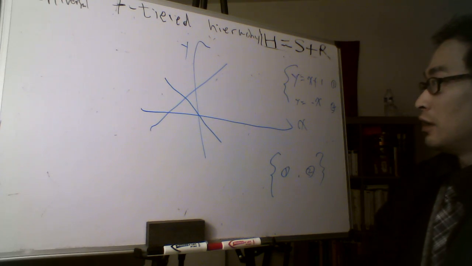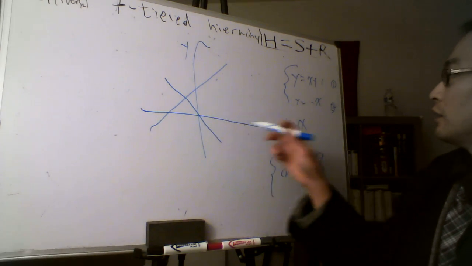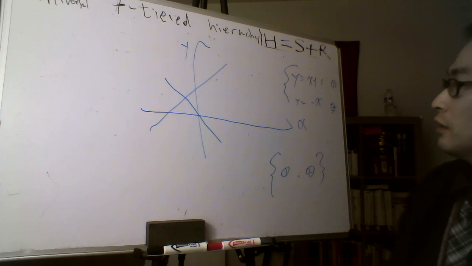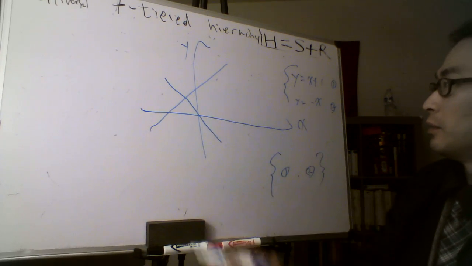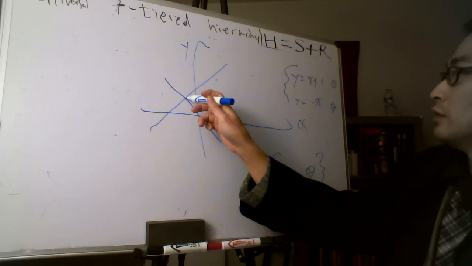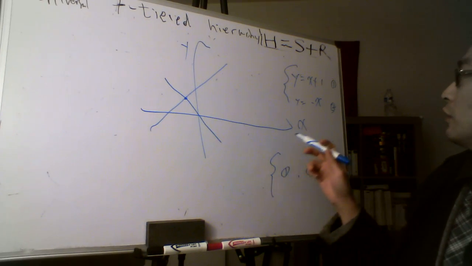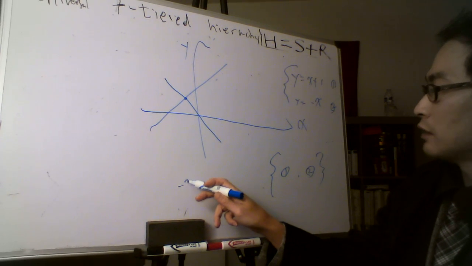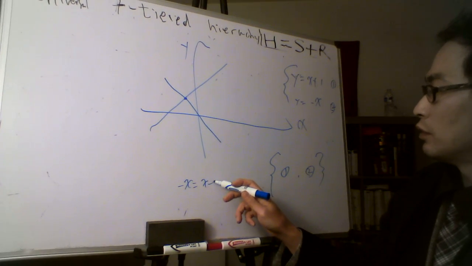So yeah, this defines a point. One equation alone defines a line, but two equations now define a point. So what is the point? Since the y values are the same, minus x is equal to x plus 1.